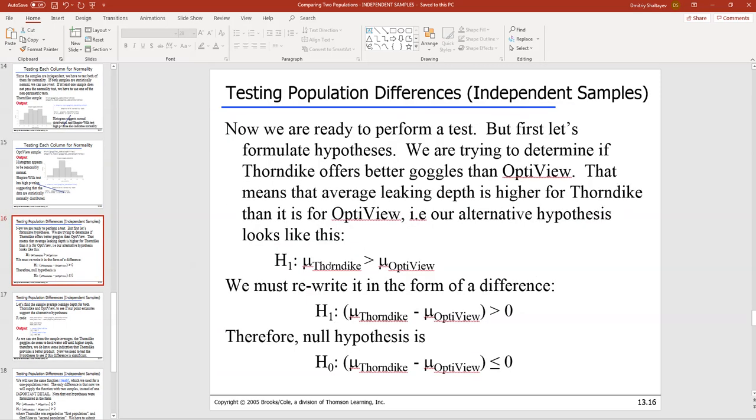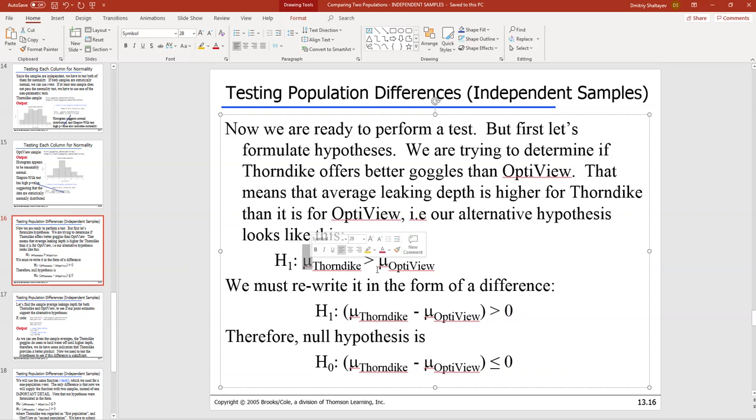If I'm claiming that Thorndike goggles are better than OptiView, that means that the average depth for leaking for Thorndike is going to be higher than the average depth for leaking for the current supplier OptiView, right? So mu Thorndike is higher than mu OptiView. But remember that each time when we test a hypothesis about two populations, it has to be recorded in the form mu1 minus mu2, right? And that's exactly what I'm going to do.